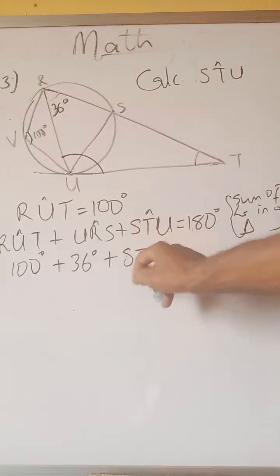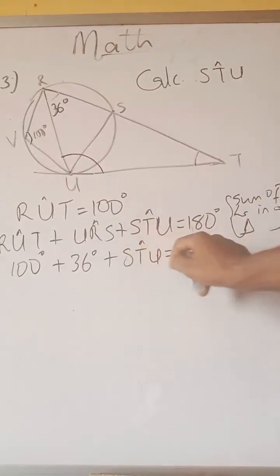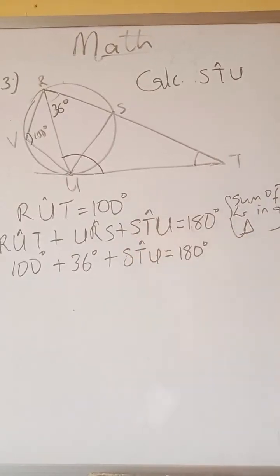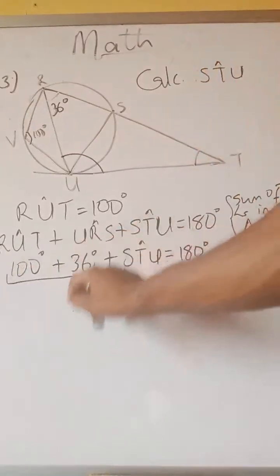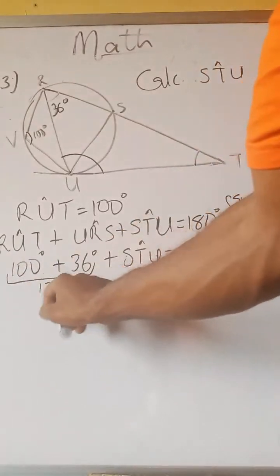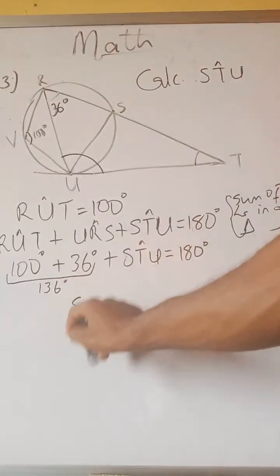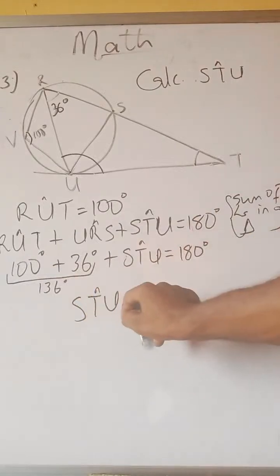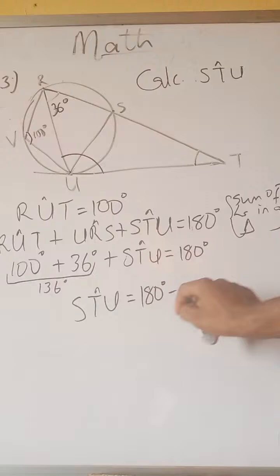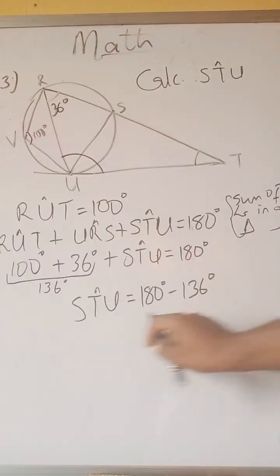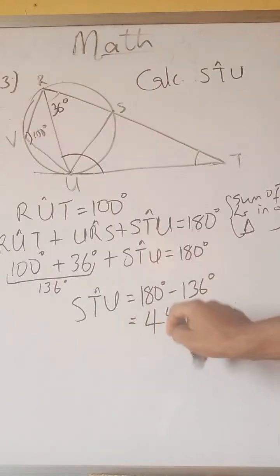And your STU equals 180 degrees. And so when you sum this up, you have 136 degrees. And that means your STU is 180 degrees minus 136 degrees, giving you 44 degrees.